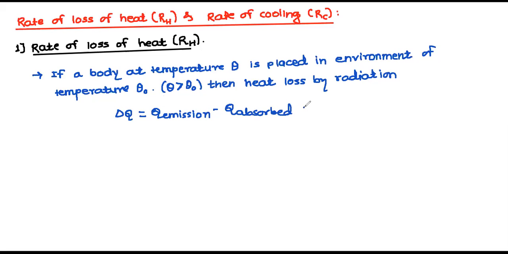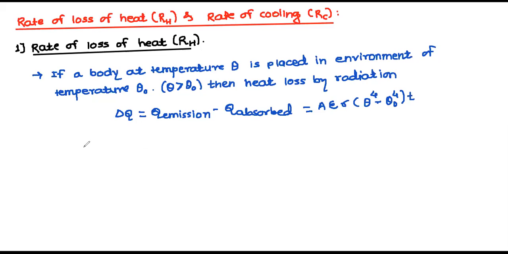Okay, that is equal to A epsilon sigma theta power 4 minus theta naught power 4, this is temperature, into t. Okay, this is heat loss delta Q, A epsilon sigma theta power 4 minus theta naught power 4.